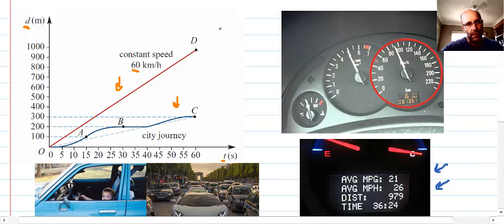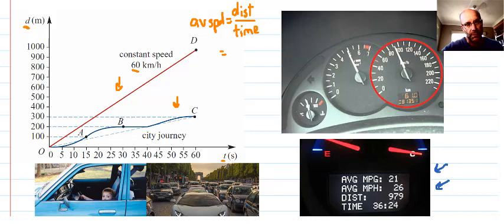So the average speed is distance traveled over time taken. This is very easy to see because the speed didn't fluctuate.